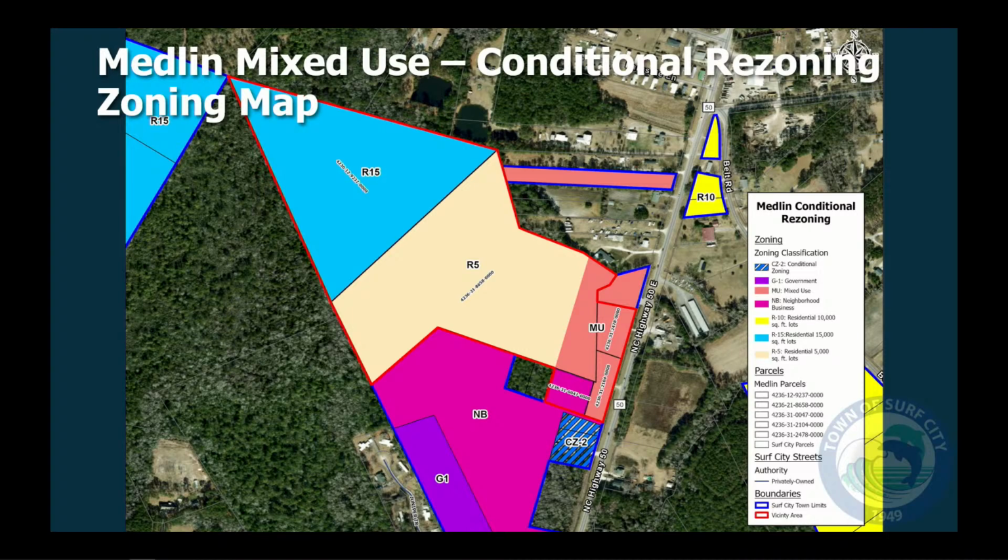The light blue is the R15. It is bound by properties in Pender County's jurisdiction and zoned office and institutional to the far south, where the Moose Lodge properties are down right here. This property is residential performance. This is county zoning that I'm speaking to, and then to the north is residential performance.